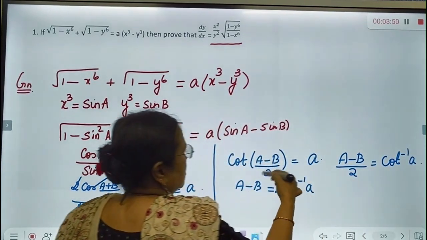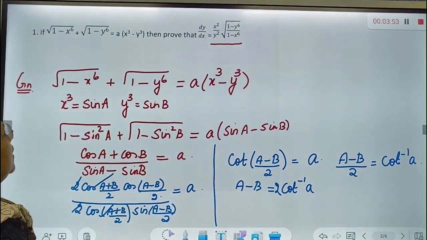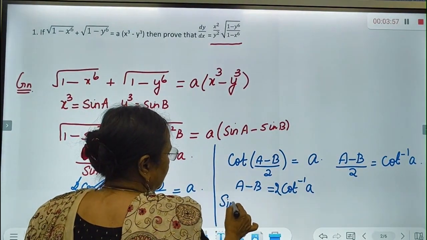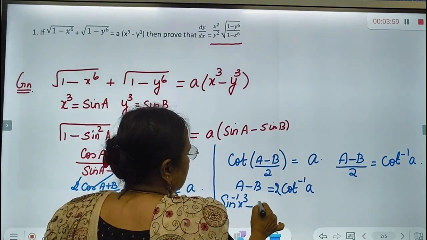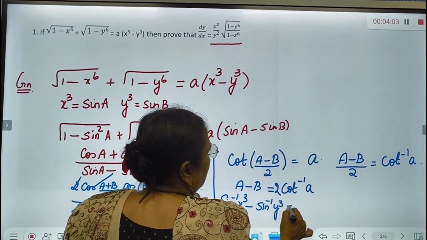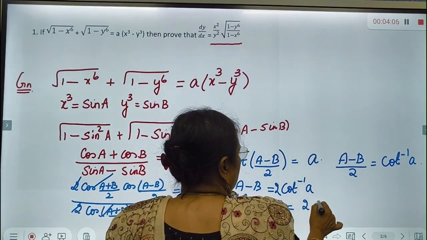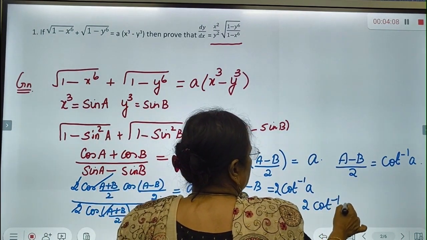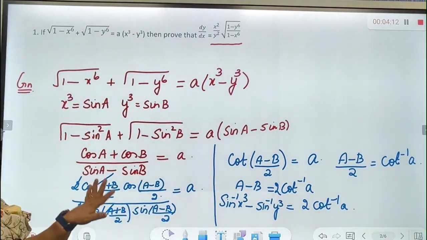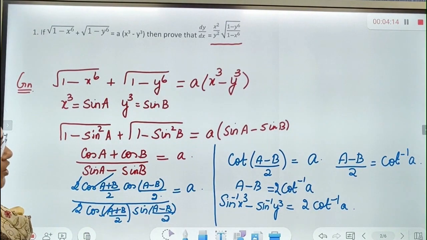Then I have taken this 2 to the other side. Now what are a and b? Sin inverse x cube minus sin inverse y cube is equal to 2 cot inverse a. So this is only simplification of the given function using trigonometry.